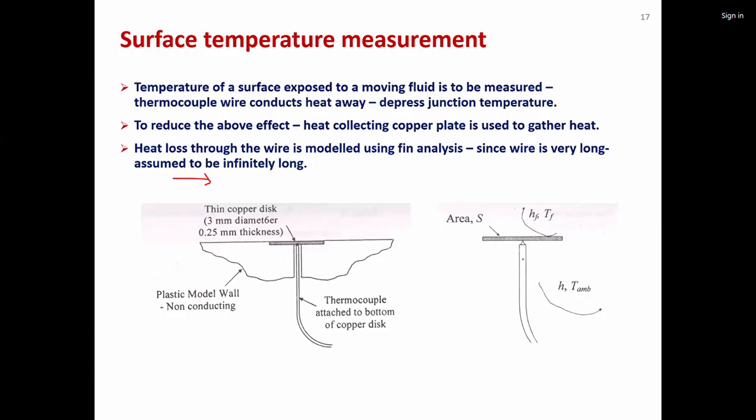See, this heat loss that is happening from the wire to the ambient, we found considering this as a fin. Now this should be equal to the heat coming from the fluid to the surface, which is basically h A delta T, right? So HF into the surface area S, into delta T. Delta T is the temperature of the fluid minus the temperature of this surface here.